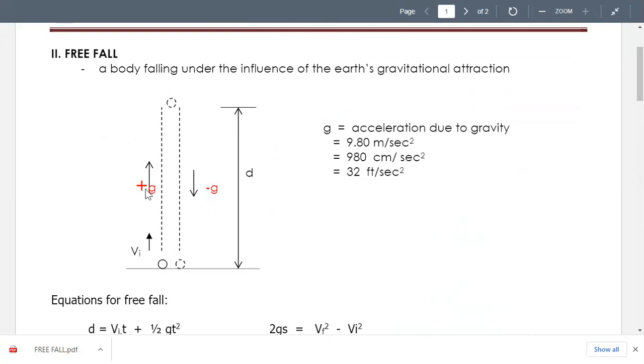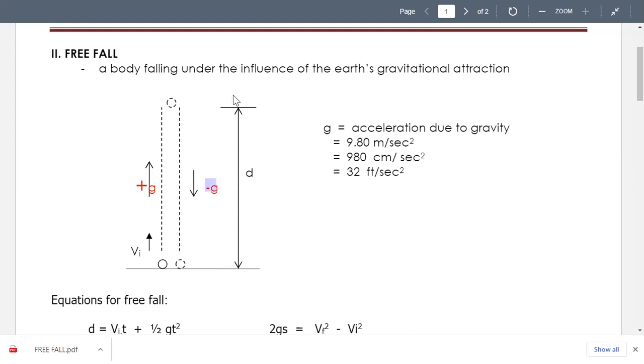And then throwing an object upwards, you're going to use your gravitational acceleration as positive. Okay? When the object is falling, or if you throw an object downwards, you're going to use negative for your gravitational acceleration.